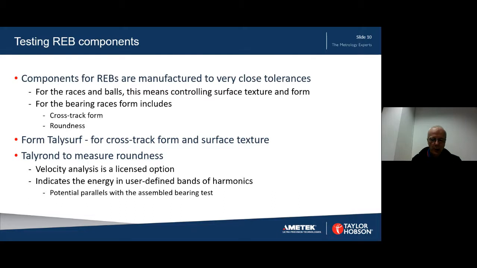Within our product range, roundness can be assessed on a suitable Talyrond or Sotronic roundness instrument, depending on the application. When using a Talyrond, velocity analysis is available as a licensed option. This indicates the RMS velocity for the component in user-defined bands in a similar manner to the way the assembled bearing is tested.